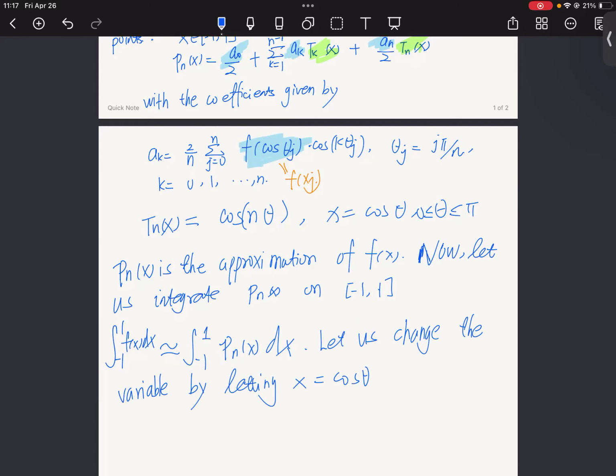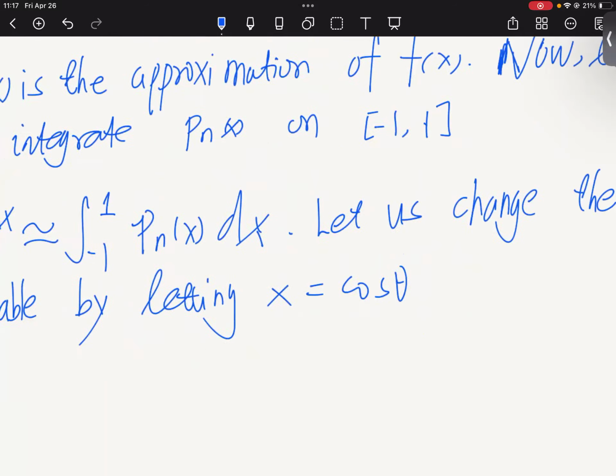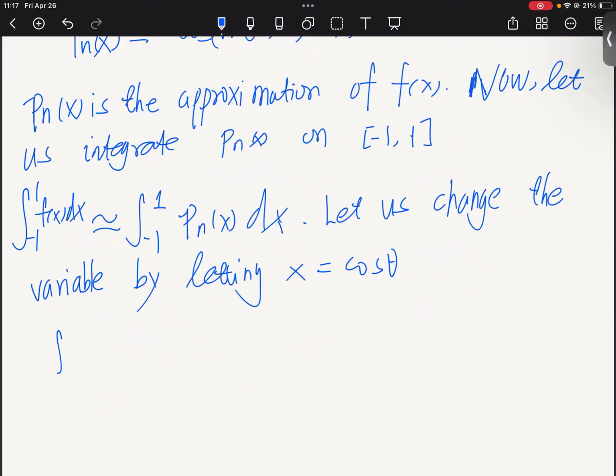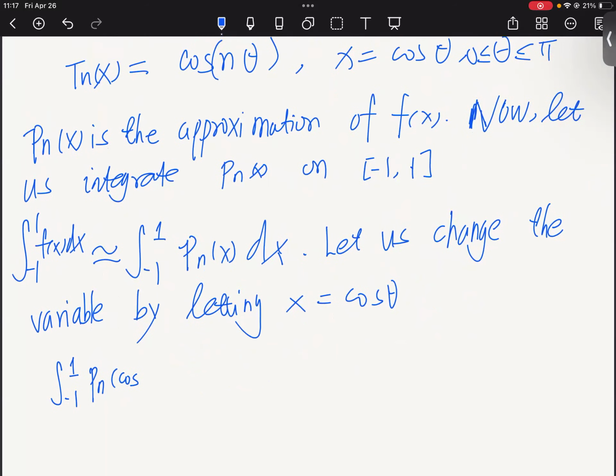So if we do the change of variable, what we have is the integral of Pn, where x is just cosine theta. Good. And what about the dx?